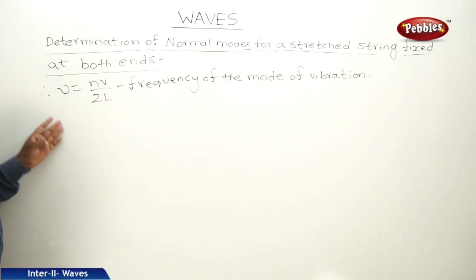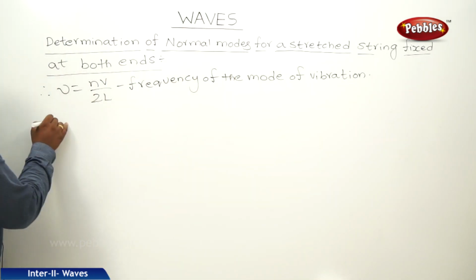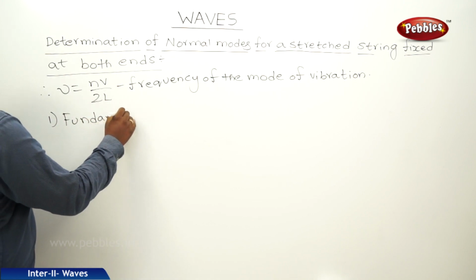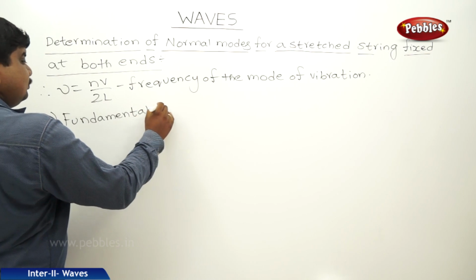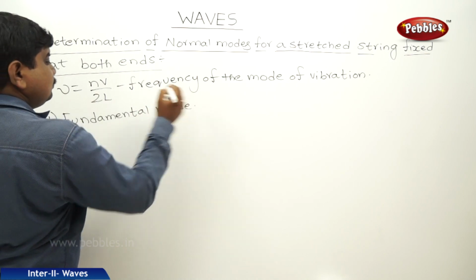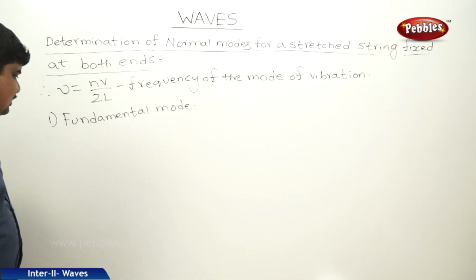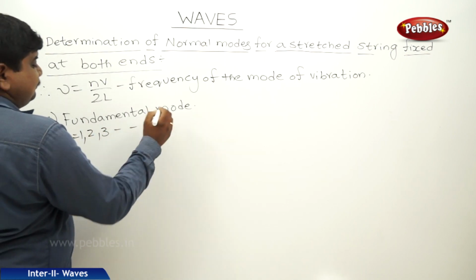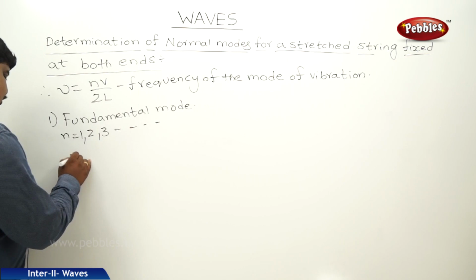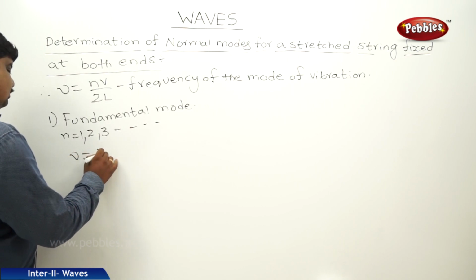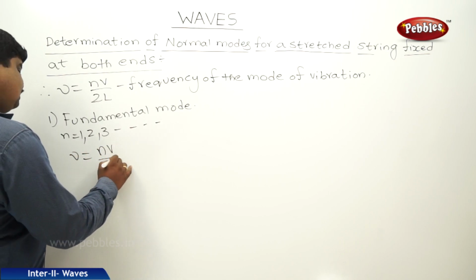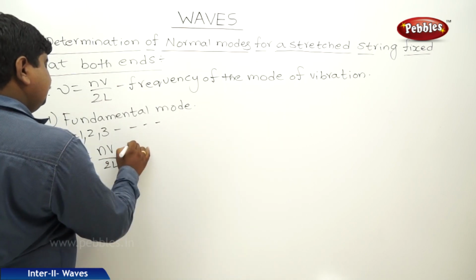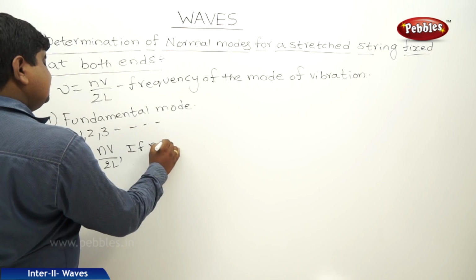Now we will see the special cases in this. First one, fundamental mode. We know that n values change from 1, 2, 3 and so on. So nu is equal to nV by 2L, if n is equal to 1.